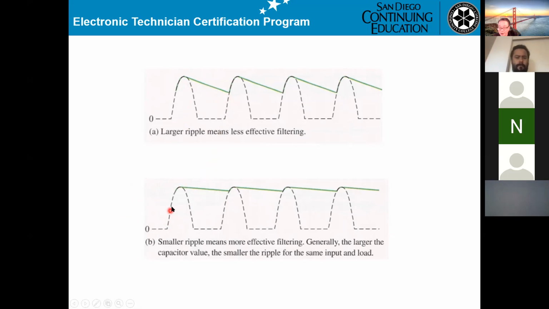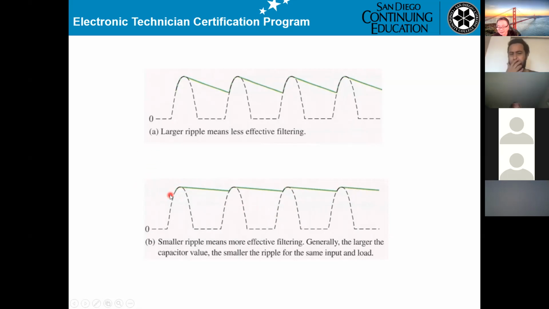When it's charging, the time is more, but when it discharges, the time is less. So it only gets 1 millisecond to discharge, then it charges again. So that's why. Normally you want it to be straight, no ripple.